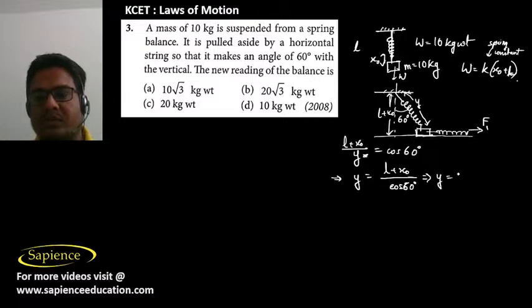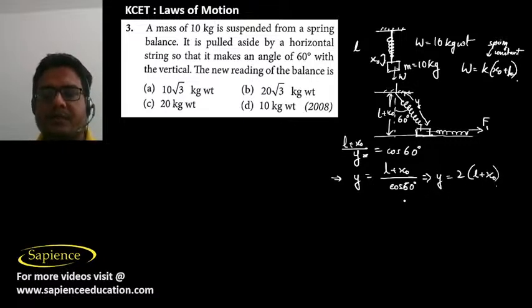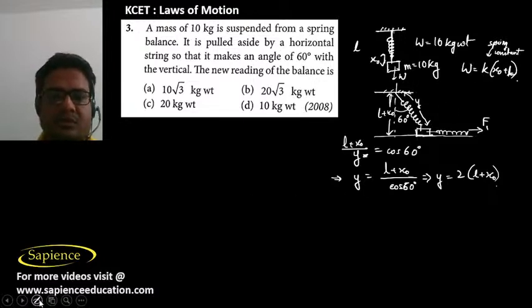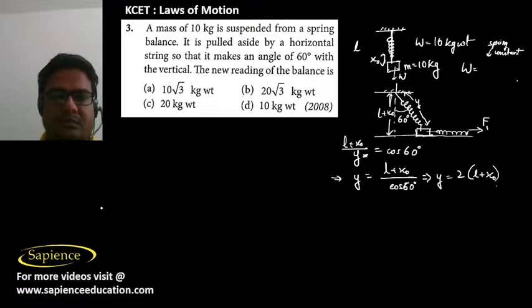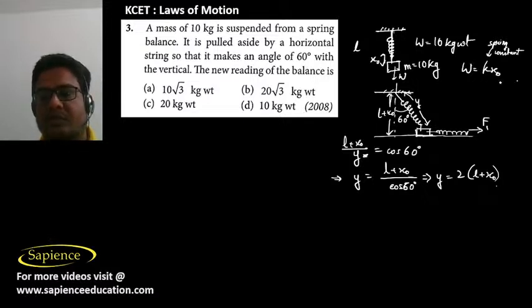So Y is equal to 2 into (L plus X naught). So actually W is not K into (X naught plus L); W is K into X naught.